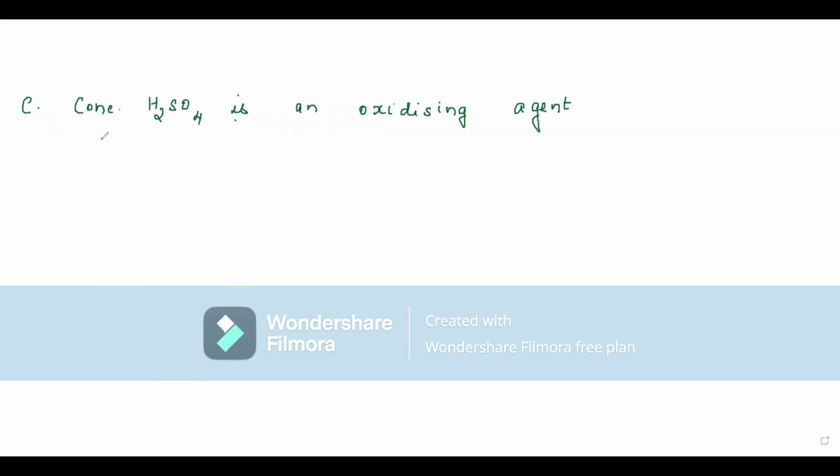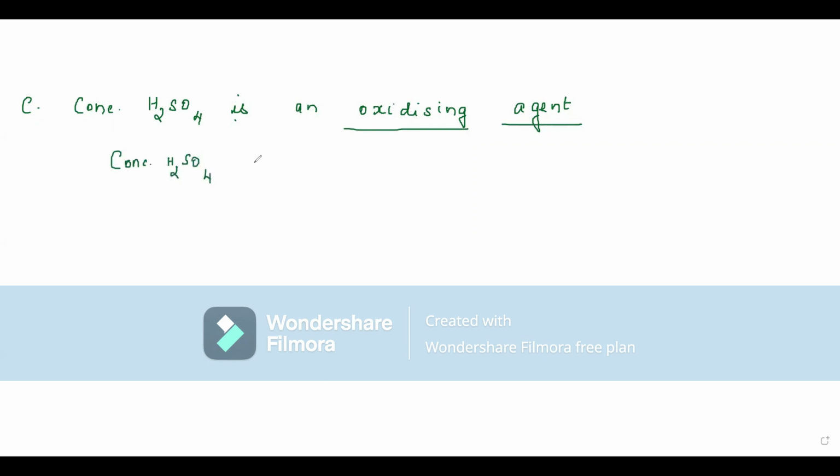Now, the last property of concentrated sulfuric acid which we need to study is that it is an oxidizing agent. In fact, sulfuric acid is a very strong oxidizing agent. What is the reason to call concentrated sulfuric acid an oxidizing agent?